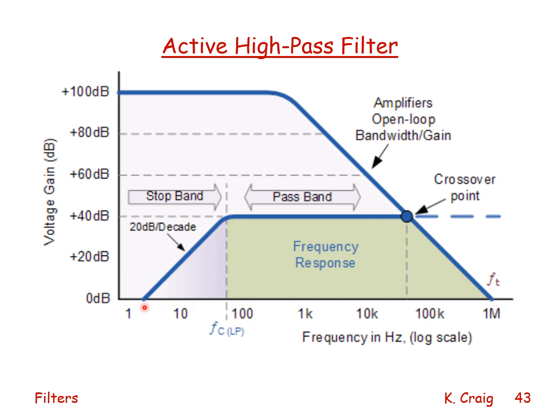So for the high-pass filter, which has a low frequency slope of plus 20 dB per decade, and then at the breakpoint or cutoff frequency, it levels off, and ideally it would level off and increase to infinite frequency.